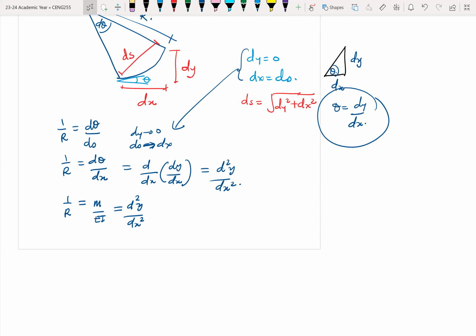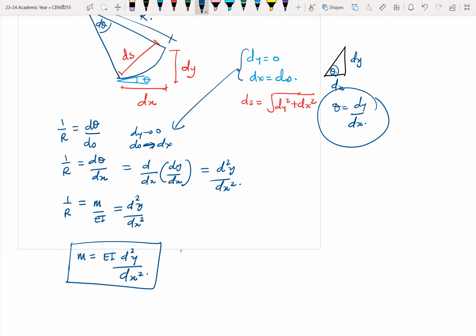So here, if I make the moment the subject, then M becomes EI d squared y over dx squared.